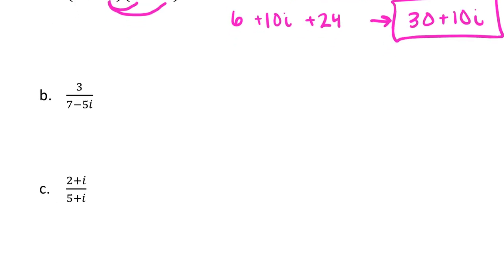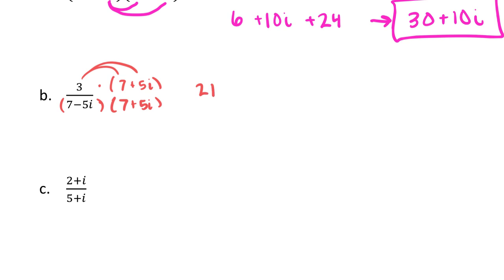With B, we don't want that denominator to have an imaginary number. We need that to go away. And we want to rewrite this as a complex number, not as a fraction. So we're going to multiply the top and bottom by the conjugate of the denominator. Okay, so we're going to distribute here.